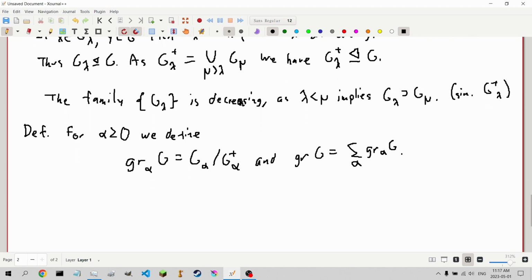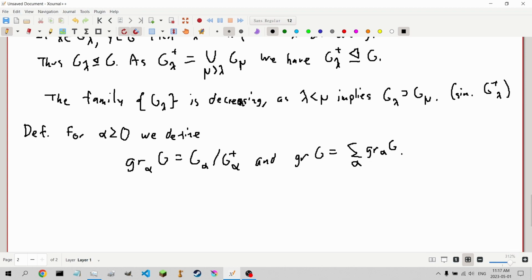Essentially keep in mind, GR alpha is the set of all elements of the filtration equal to or greater than alpha, and then GR positive of alpha is the set of elements with a filtration strictly greater than alpha. So we have the set of elements with a filtration equal to or greater than alpha, and then we're modding out the greater than.